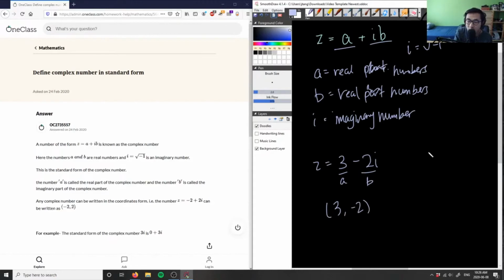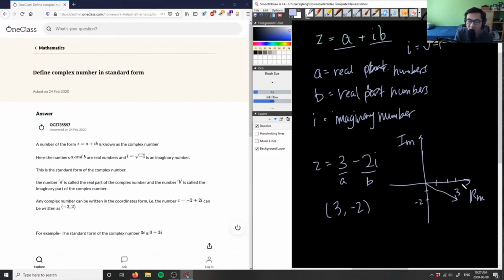And if I were to plot this out in a real and imaginary plane, this one would be the real axis, and this here would be the imaginary axis. I have 3 here, which is going to be, let's say, 1, 2, and 3, and -2, so 1 and 2. So this here is -2, so I would have something like this, approximately.